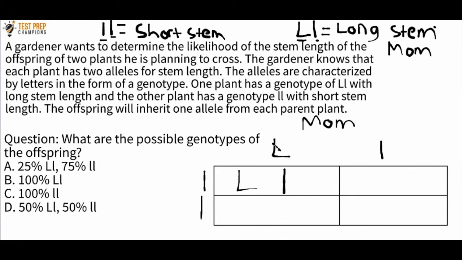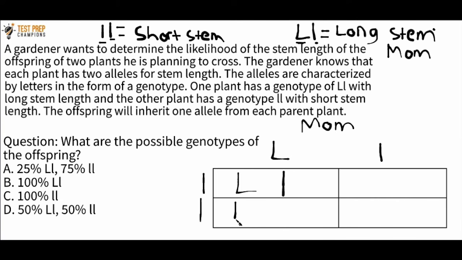Another combination could be the other big L from mom and one little l from dad. And then another combination would be one little l from mom, because remember, mom has one big L and one little l, and the little l from dad. And then mom also can contribute this little l, and dad can contribute this little l. So if you just fill out the chart here, these are all the different combinations.